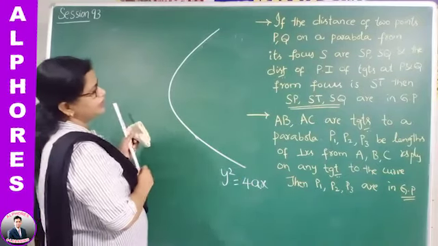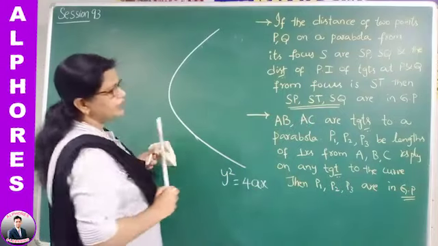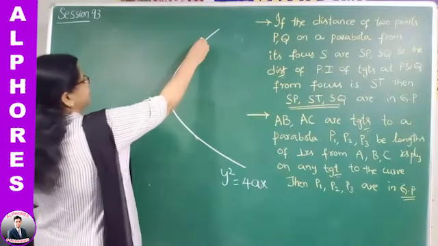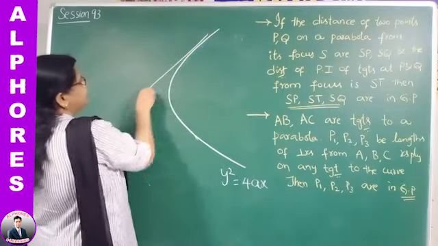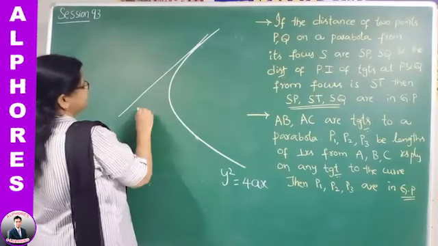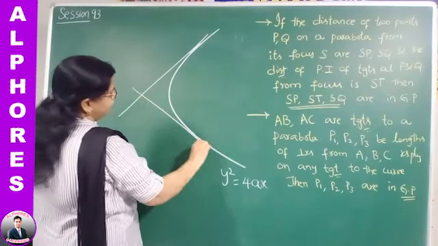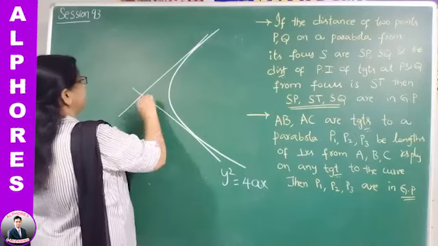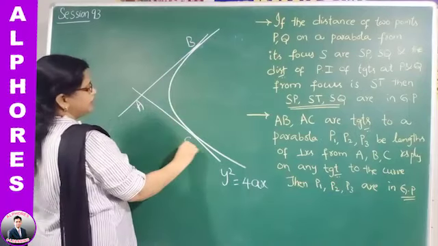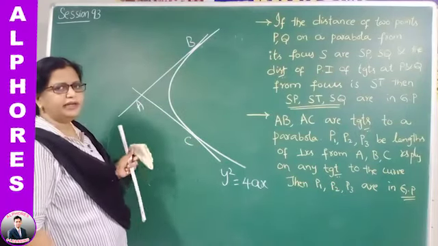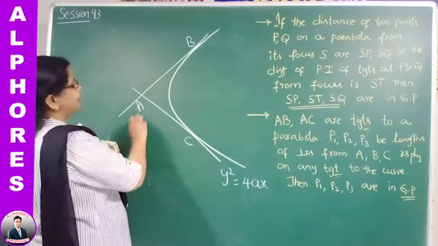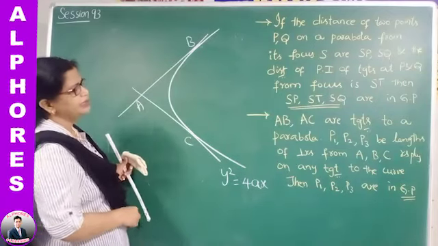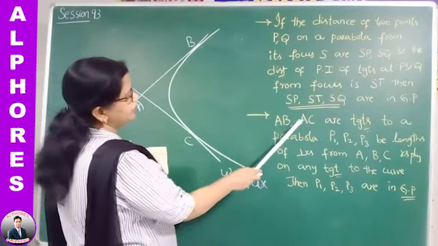And now what is the data here? AB, AC are tangents to a parabola. So this one is one tangent I am taking, and this is another tangent, and this is A, B, and this one is C. Okay, AB and AC are two tangents. And again you observe, students, clearly they did not mention any restriction.